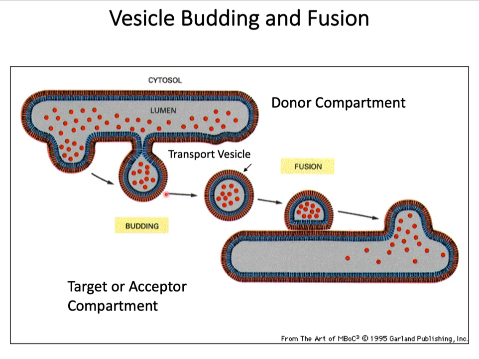As the name suggests, vesicle trafficking is a process by which a vesicle buds off from a compartment, which is called a donor compartment, and fuses with the target compartment. You can imagine that it is a highly regulated process. As this vesicle buds from the donor compartment, it has to pick up only the protein cargo that is destined for movement along the secretory pathway.